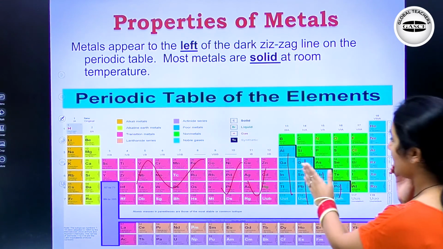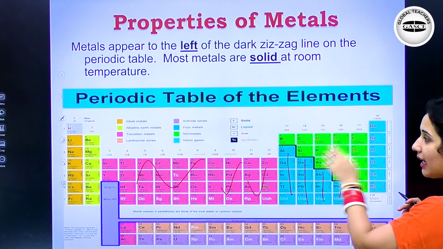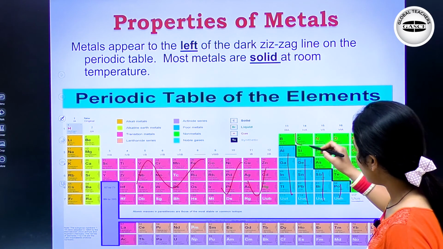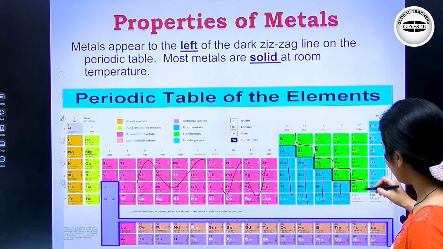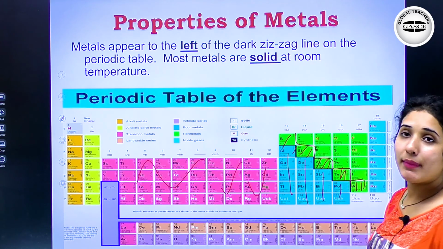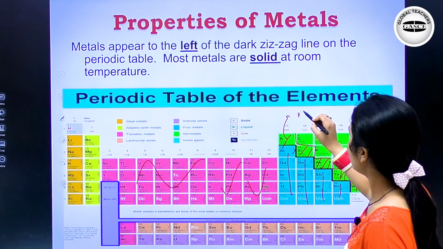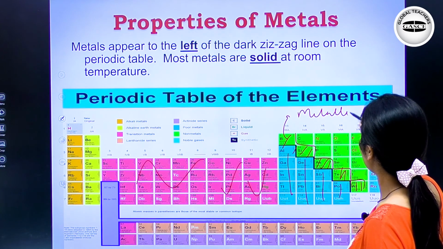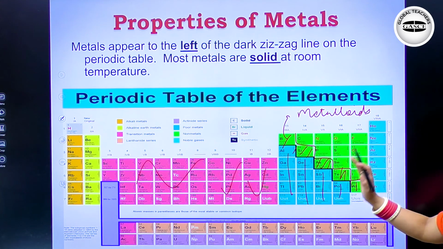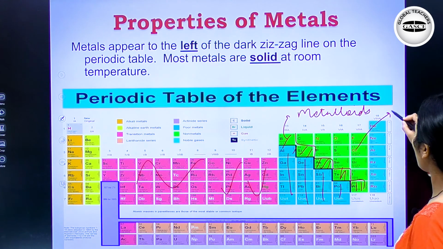Whatever elements are present on the left side of this black zigzag line, they are metals, and the elements which are present in this zigzag portion, they are metalloids. And the elements on the right side of this, they all are non-metals.